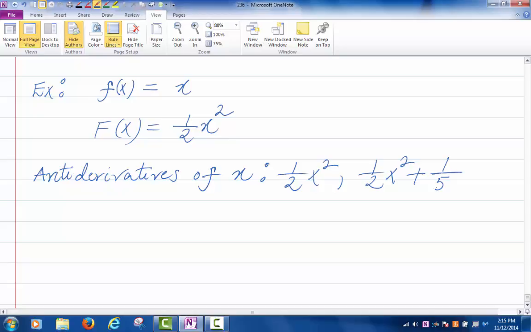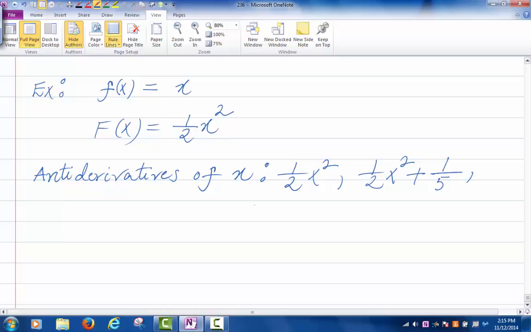Can you give me another antiderivative of that function x? What's another antiderivative of x? Just add any other constant, right?